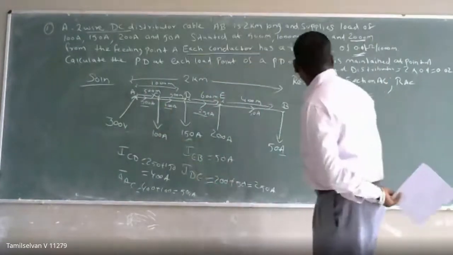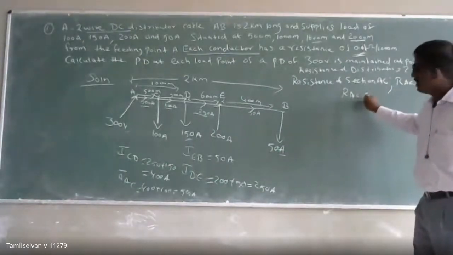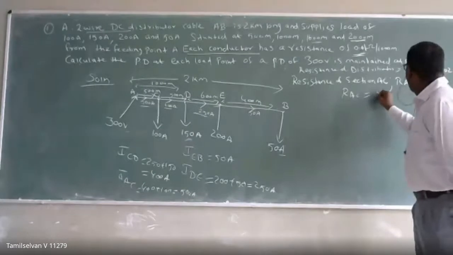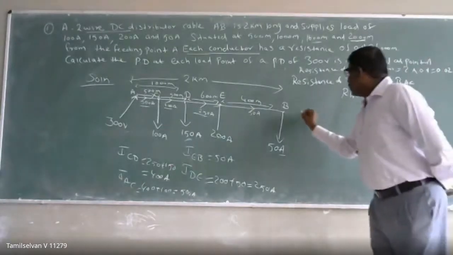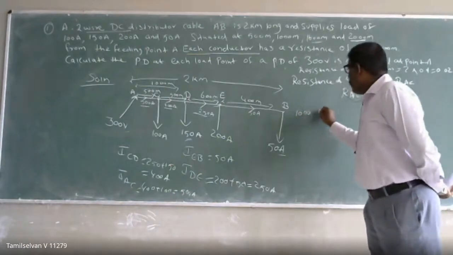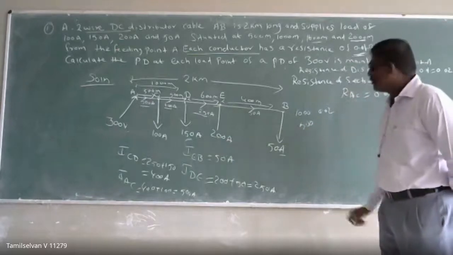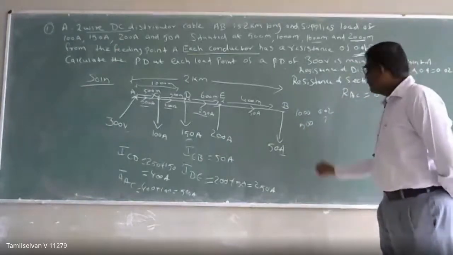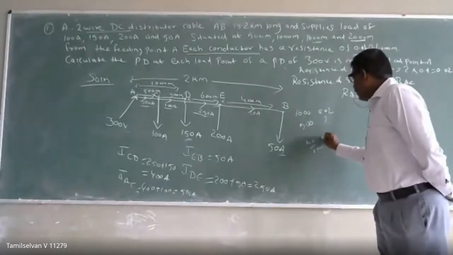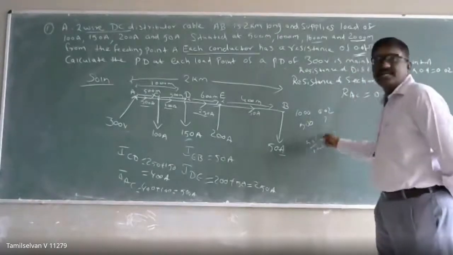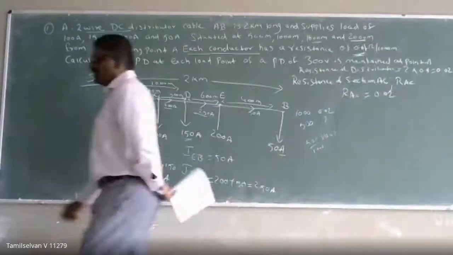So the resistance of section AC is 0.02 ohm per 1000 meter, so for 500 meters, it is 500 by 1000 into 0.02. That will be the value of my resistance.